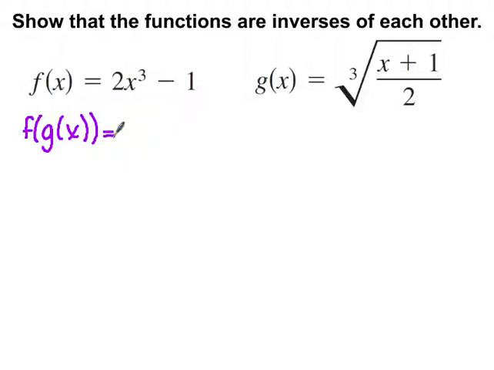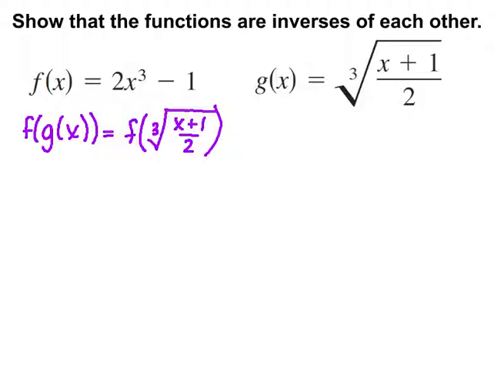Fairly straightforward. So really what this means is f of the cube root of (x plus 1) over 2. And all I did there is replace g of x with the g of x function.